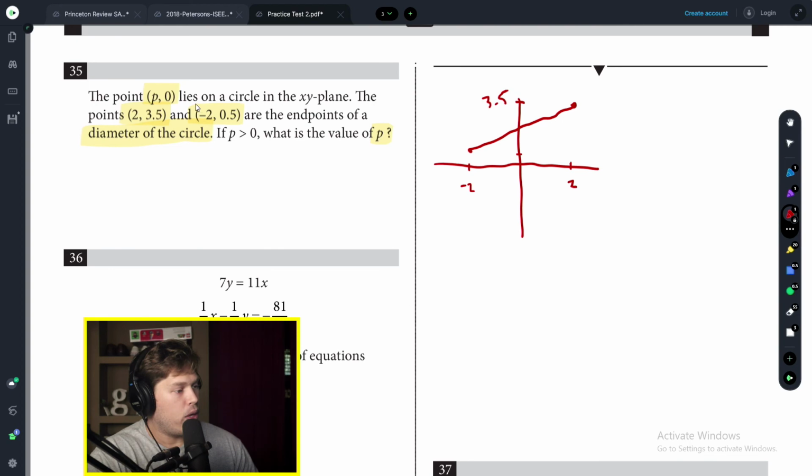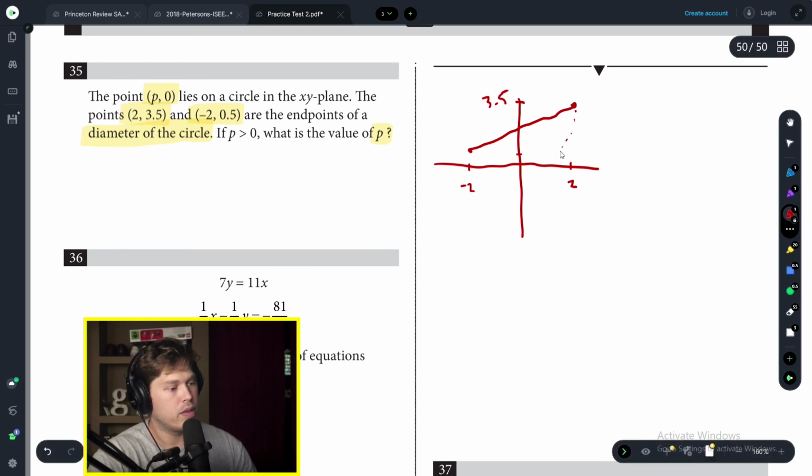And we then want to find where P is, given that our y value is 0. We have some circle, and we might have 2 values for p. However, we're asked for the positive one as p is greater than 0.